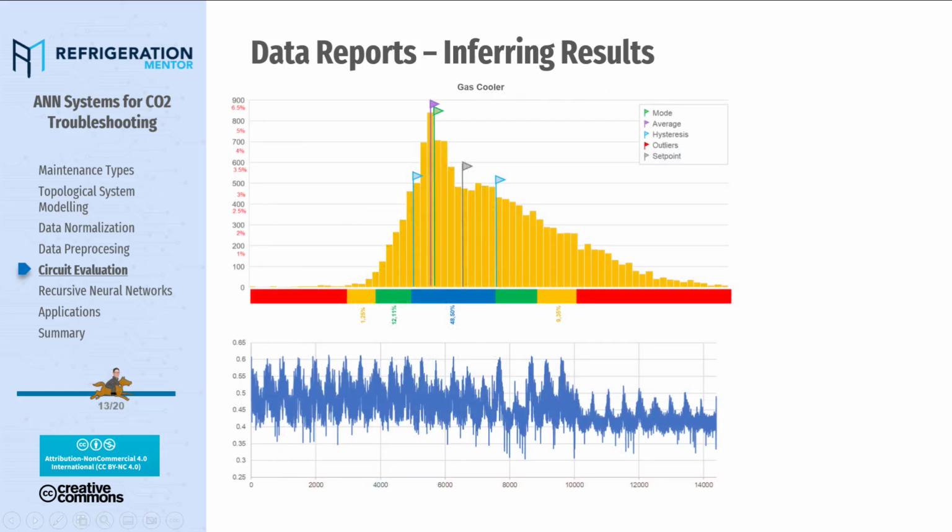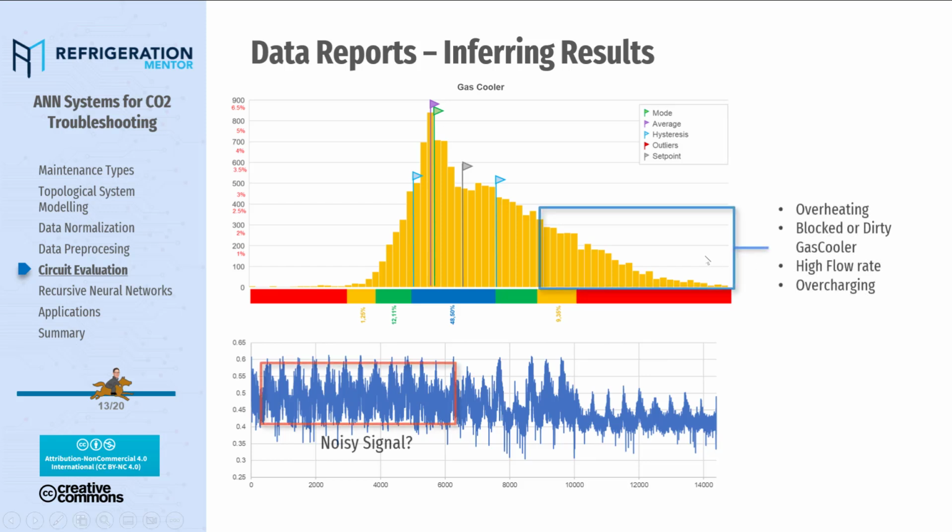Also, we can extrapolate this kind of analysis to try to understand what the failures in a specific area can be, and try to correlate this information, for example, the gas cooler normalized pressure with the ambient temperature profile.